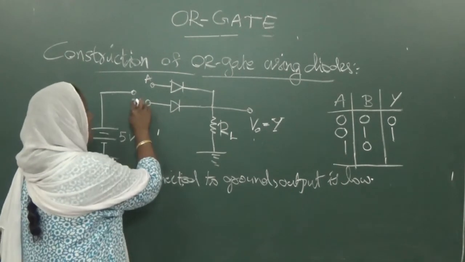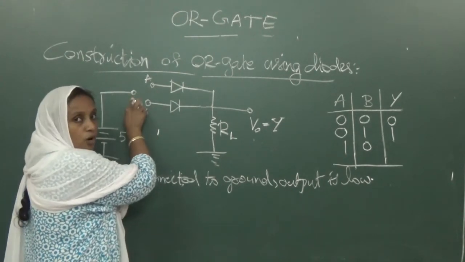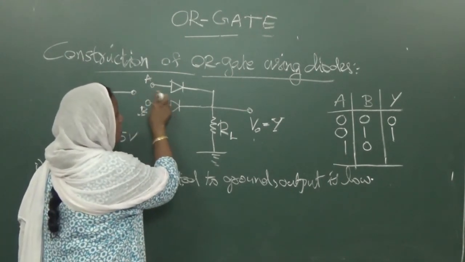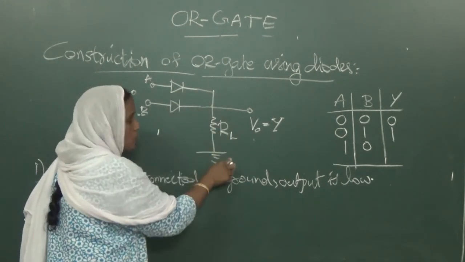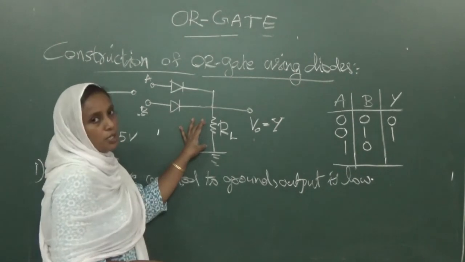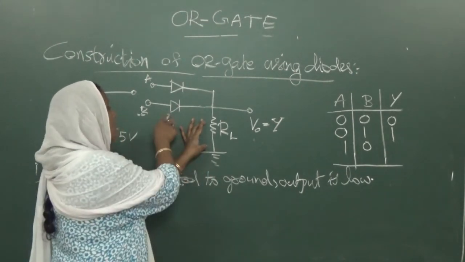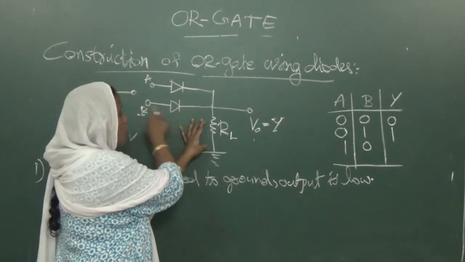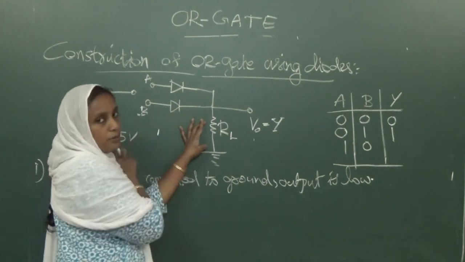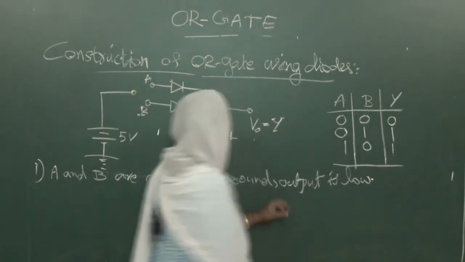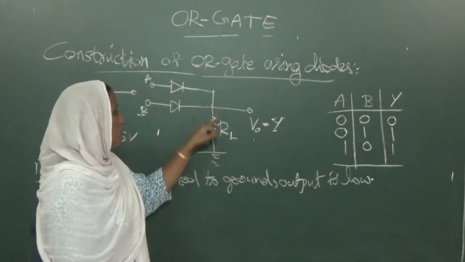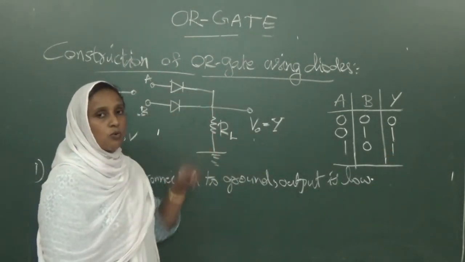So this diode is forward biased, and there is a current flow through this load resistor. So there is a voltage drop. But this diode is not conducting. There is no current flow through this diode. So you get here high because through this diode there is a current flow to this load resistor.